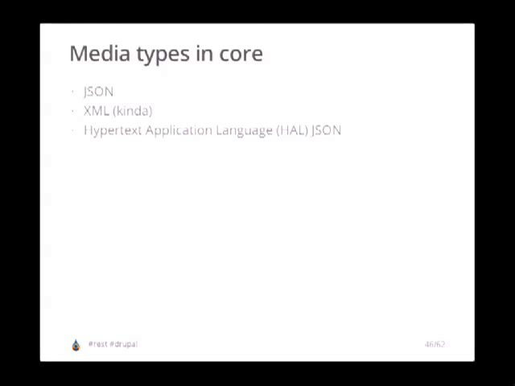We don't actually have support for attributes or namespaces. It's basically just JSON with angle brackets, but that's good for some people. And we have HAL, which, as I talked about before, is a variant of JSON, a more specific media type, and you can use JSON as the base format for that.